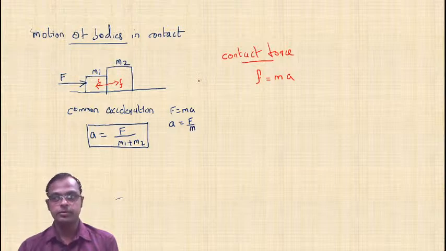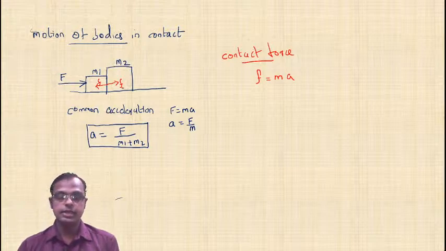Very good. M2. So contact force f makes the M2 accelerate. I hope everyone knows this answer, M2, right? So many are typing. Merik, Dimna, yes, very good. It's M2.